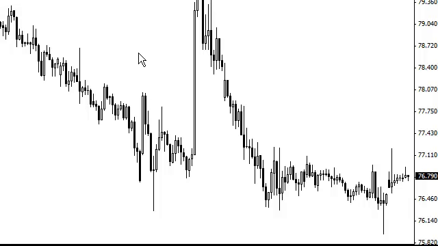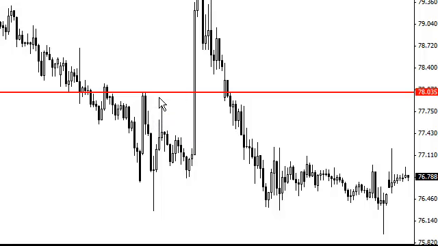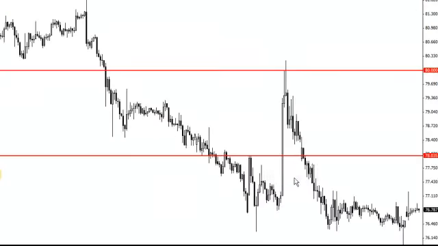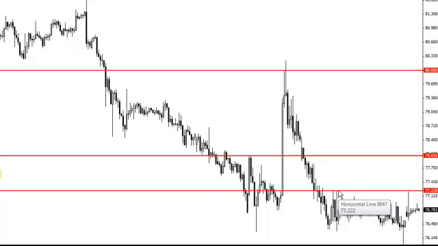I set my first support area at 78.05, and that's when I took 50% profit off the table. I set my next quarter off the table at 77.25, and I've now just taken my last quarter off at 76.80.